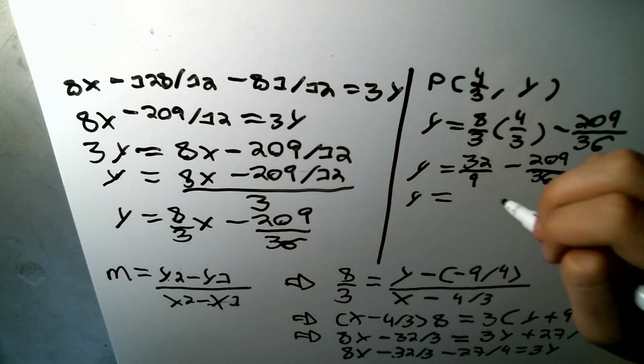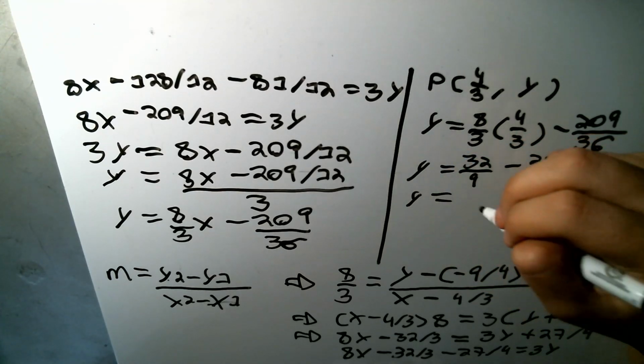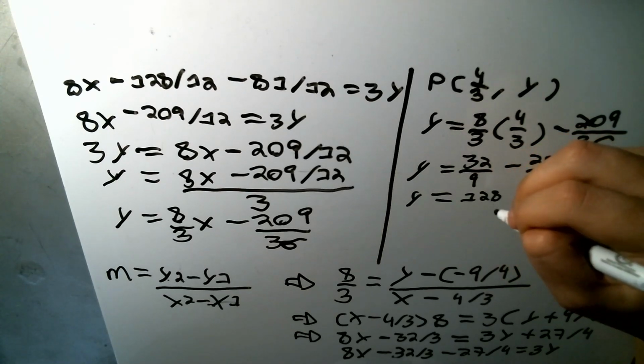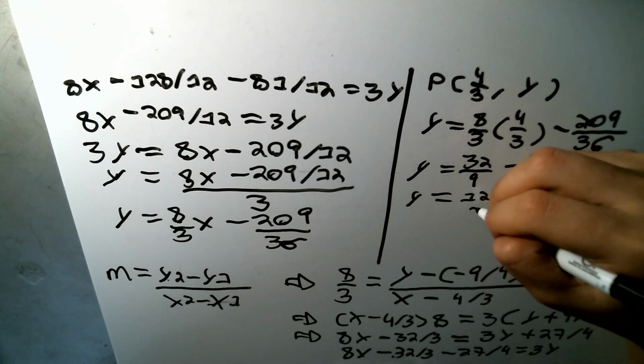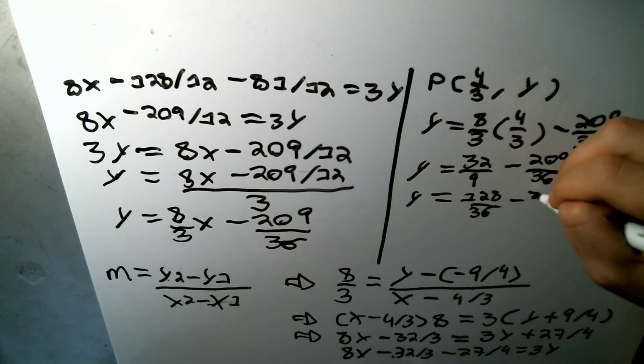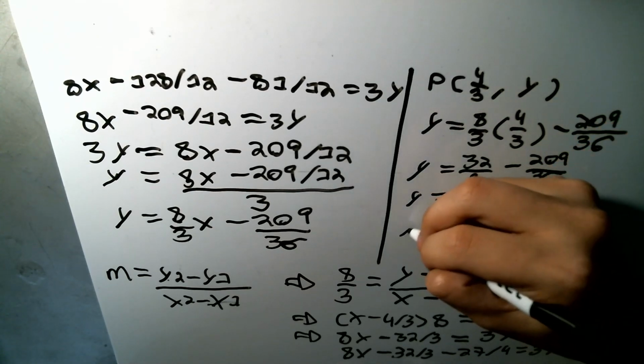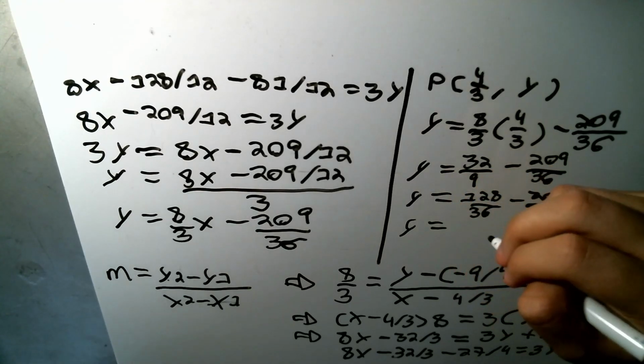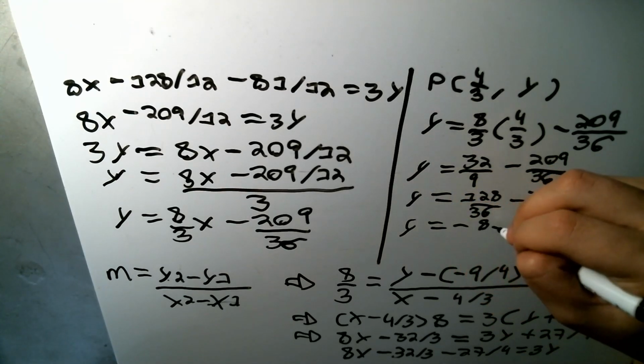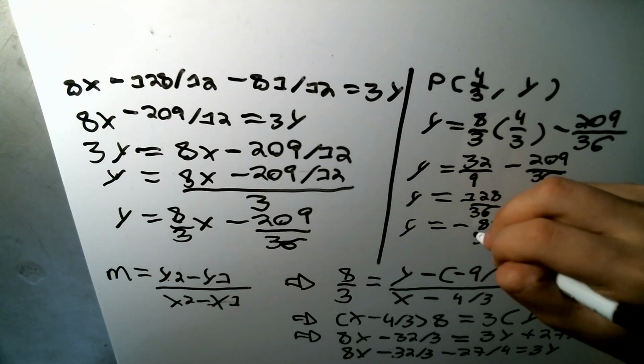We made the denominators the same, so we get 128 over 36 minus 209 over 36, and we get y equals minus 81 over 36.